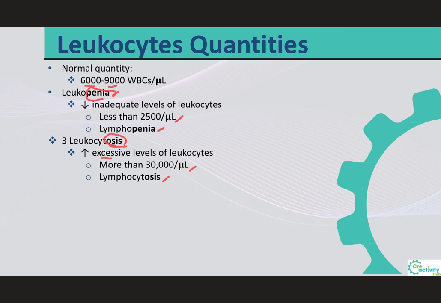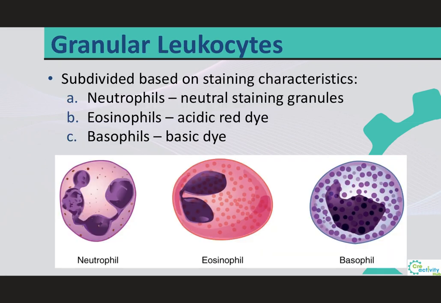Let's move on and talk about the specific granular leukocytes or granulocytes. The granular leukocytes, or granulocytes, are subdivided based on their staining characteristics into neutrophils, eosinophils, and basophils.